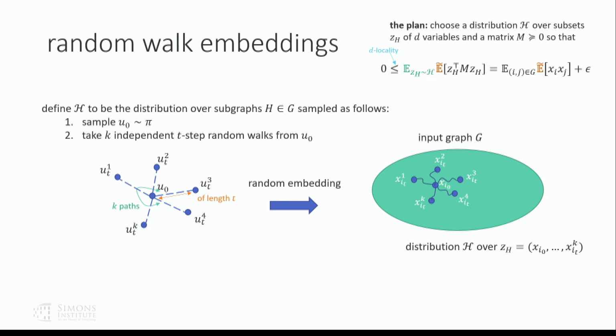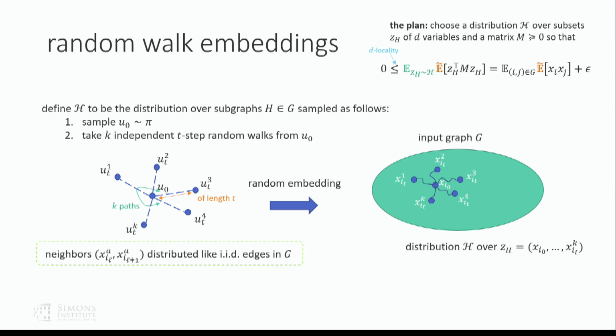And then we're going to take k independent t-step random walks from u0, right? And the set of vertices that we see is going to be the subset of d variables that we're looking at. So we're basically embedding this spider, the body of the spider and then k legs of length t, into the input graph. Okay, it's a random embedding. Great.